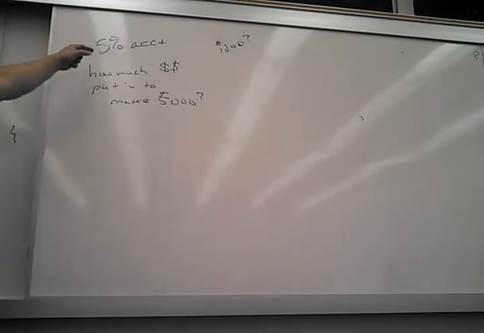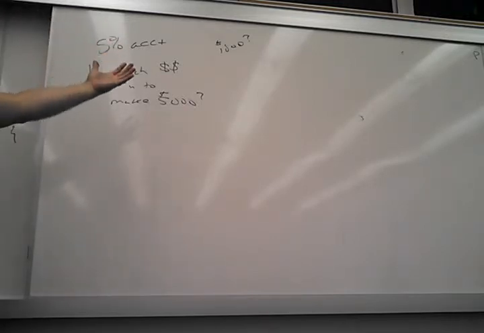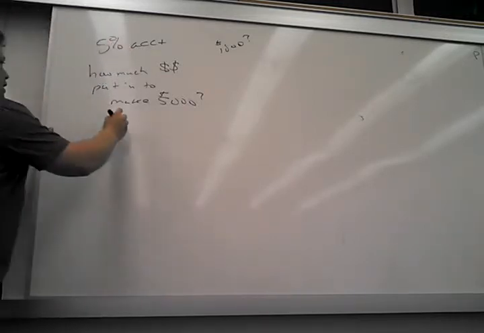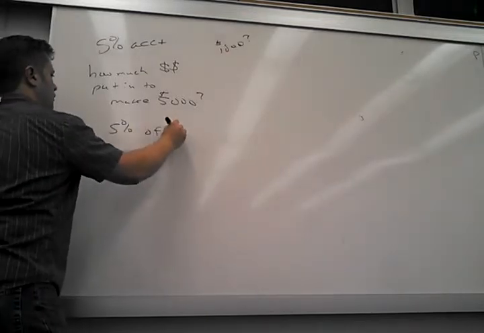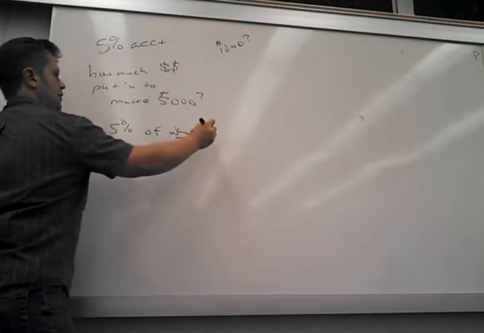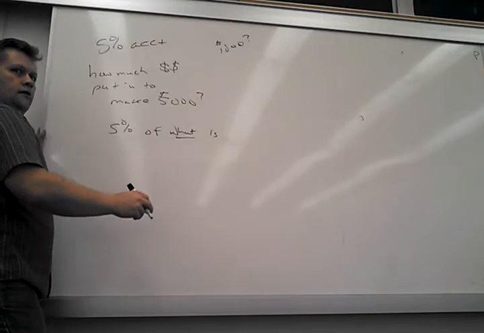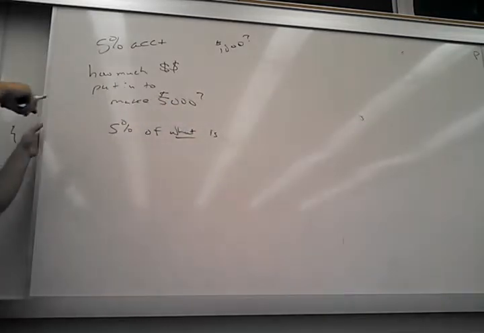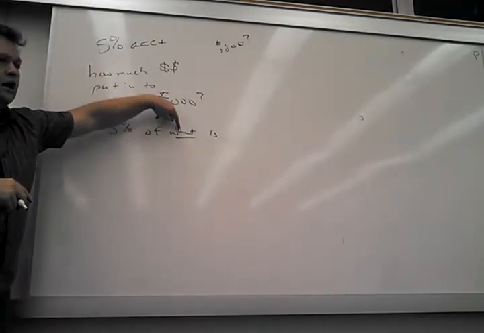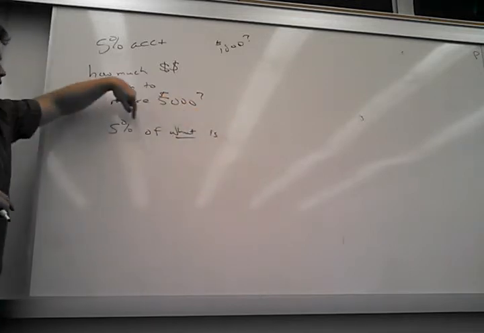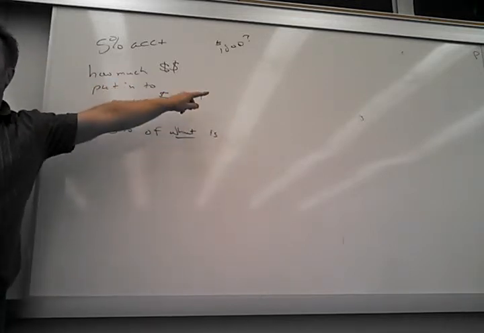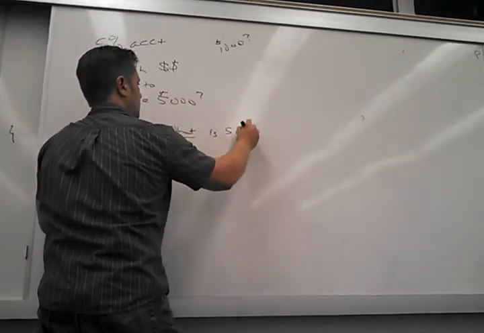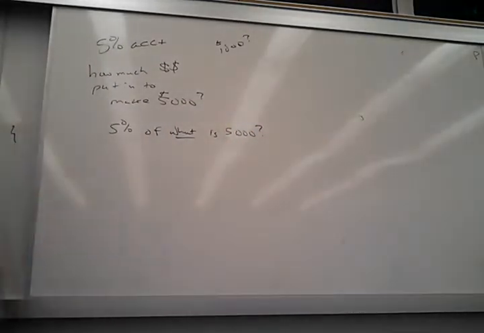Now it's 5% of... I don't know, right? So 5% of what is $5,000? Because I know that 5% of 1,000 is 50.